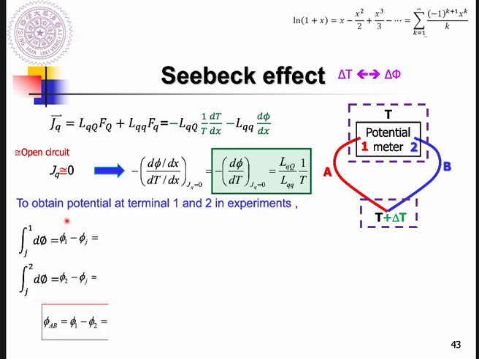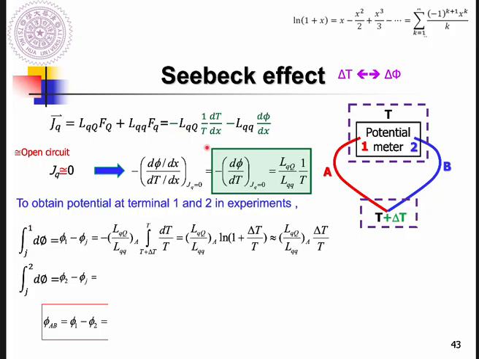Because we want to know the electrical potential difference, we just move dT to the right-hand side and take the integral on both sides. Starting from the integral, you have a bottom and upper limit, right? The bottom limit is junction 2, the upper is 1, and the bottom actually is dT, right?